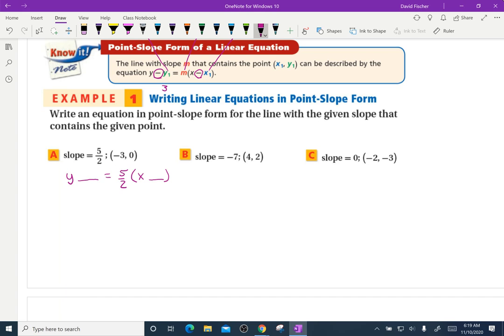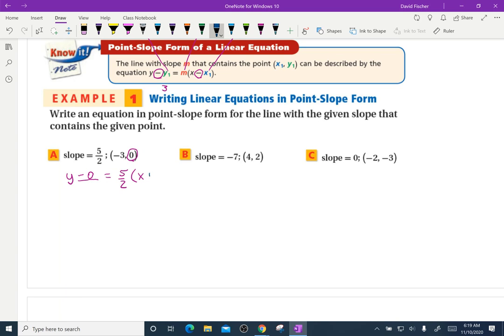Now again, I'm just going to temporarily put a minus sign in there. There's a minus sign in the formula. So here's my y value. So if I put that in, it's going to be a minus 0. Now here's the tricky part. Because if there's a minus sign already in the formula and I put in a minus 3, doesn't that make a plus 3? So the trick is to do the opposite of whatever the sign is on our coordinate.